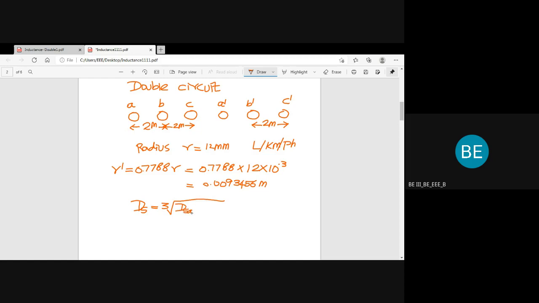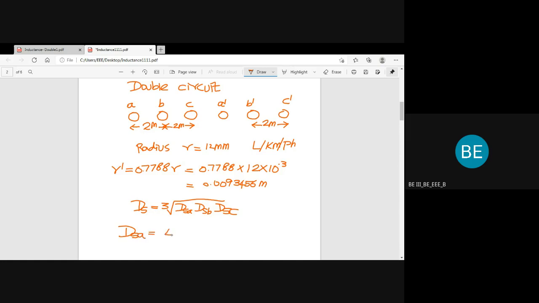DsA, DsB and DsC. Right. So first we have to find the DsA formula. So we can have two formulas.